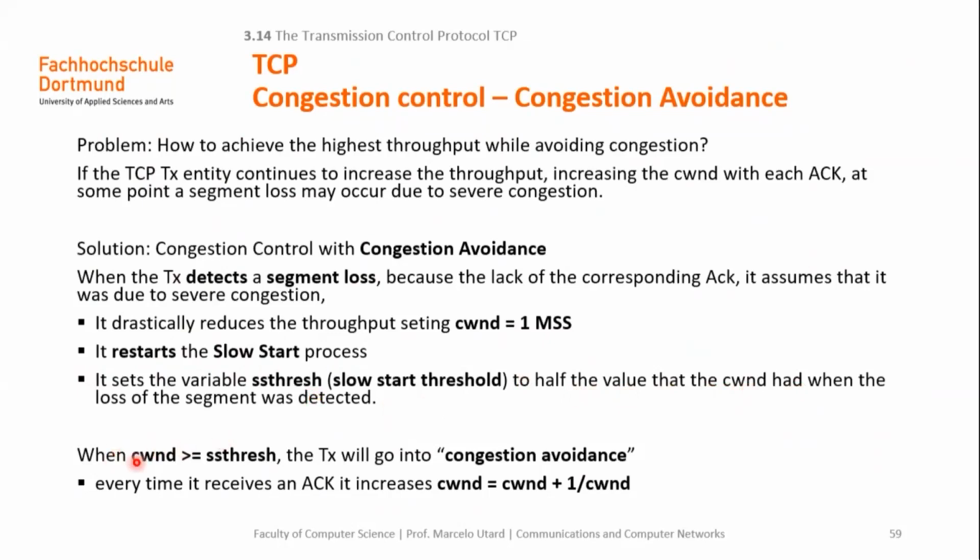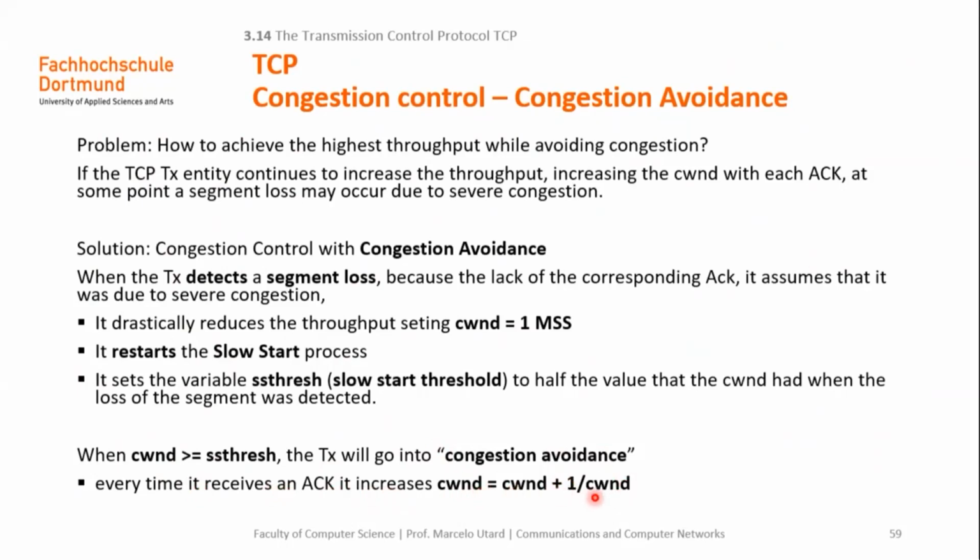During the slow start phase, when the congestion window reaches the slow start threshold, the transmitter will go into the congestion avoidance phase. In this phase, every time the transmitter receives an acknowledge, it increases the congestion window by this fraction.